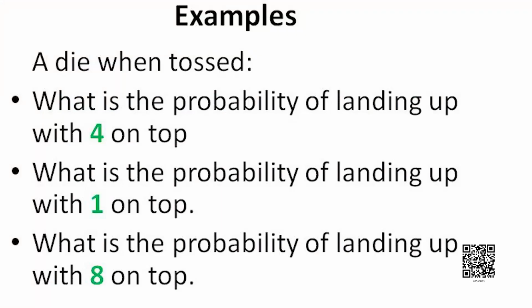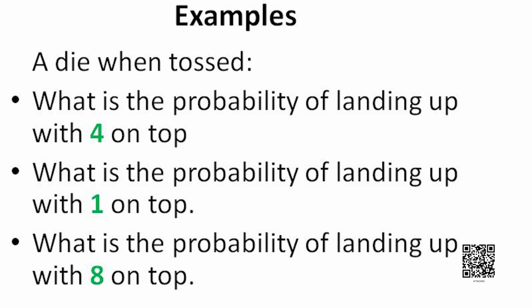I have thrown the die once. When a die is tossed, what is the probability of landing with 4 on top? How many total numbers are there, how many chances are there? There are 6 numbers. Out of that, 4 is the one number which can come.